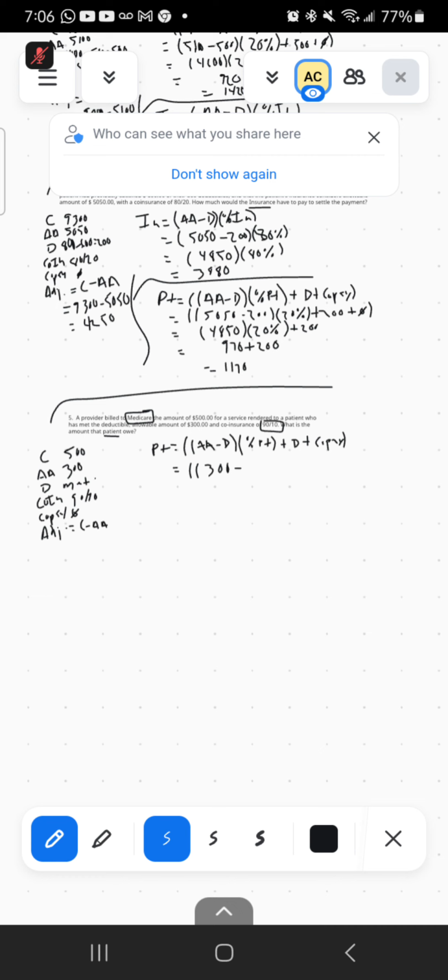Deductible says met, that means that it's 0. Times the percentage for the patient, in this case is 10%. Deductible is 0, so payment is 0. So the patient will pay $300 times 10%. That is $30.